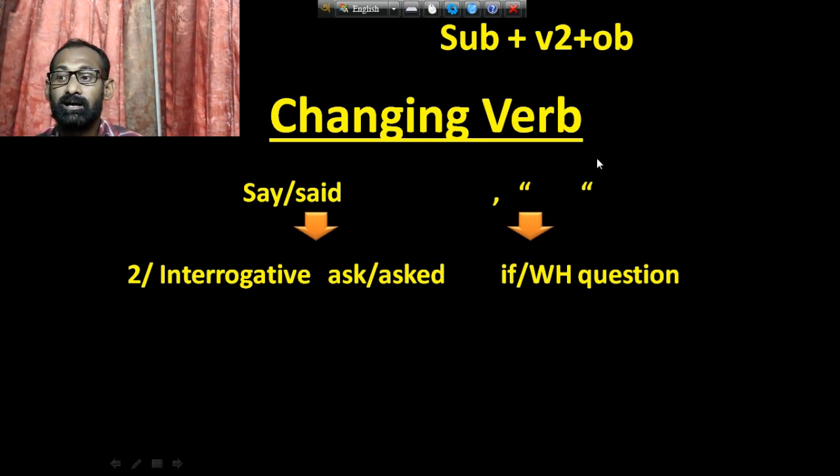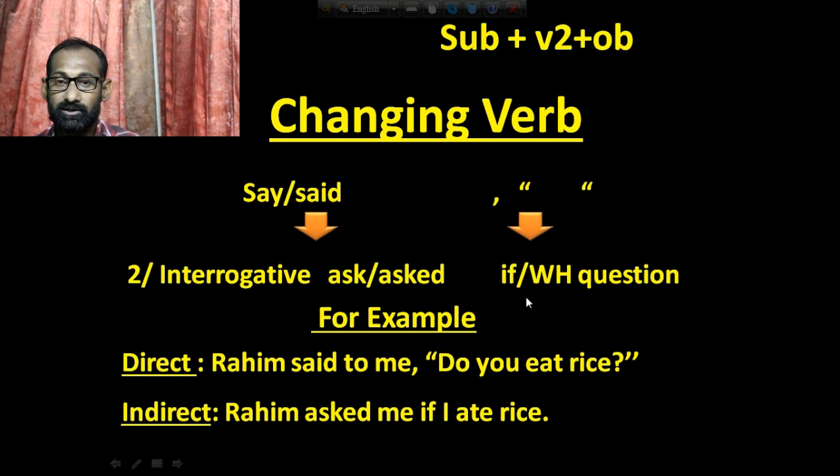Okay, for example, I want to give an example to make it clear. That means Rohim said to me, do you eat rice? I have used just an auxiliary verb. So Rohim asked me, as it is past tense, so I have used asked. Rohim asked me if. That means I told you that if the sentence starts with an auxiliary verb, then you have to use if.